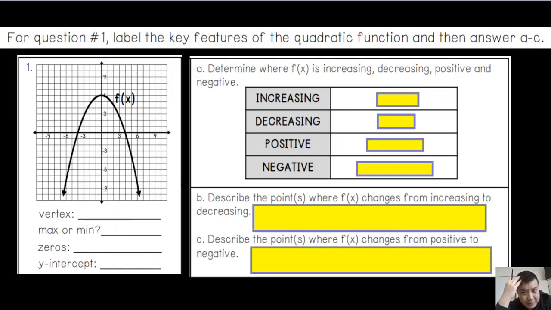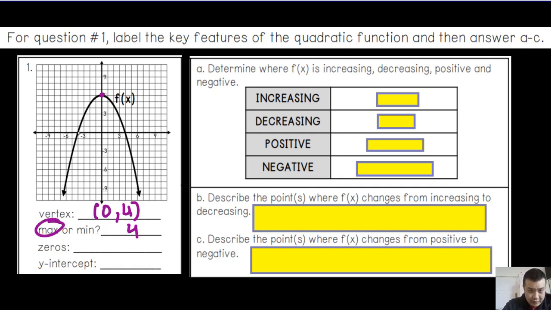Here it says, label the key features of the quadratic function, then answer A through C. The vertex is this point right here, and that's going to be (0, 4). Since this opens downwards, it's going to be a maximum, and the maximum is the y value of that point, so the maximum is 4.